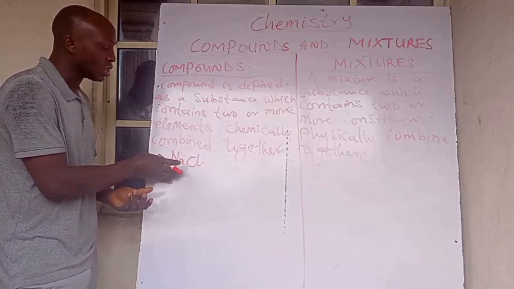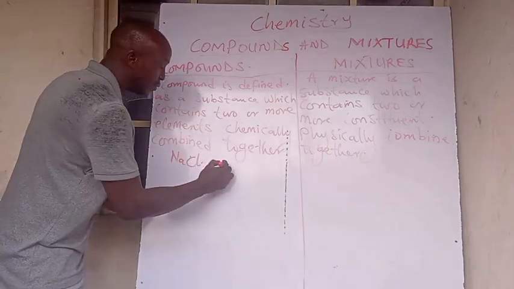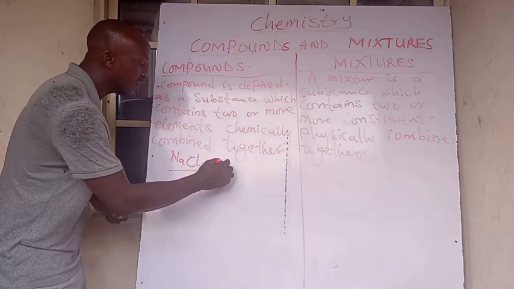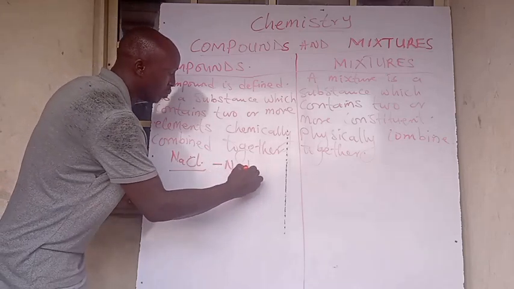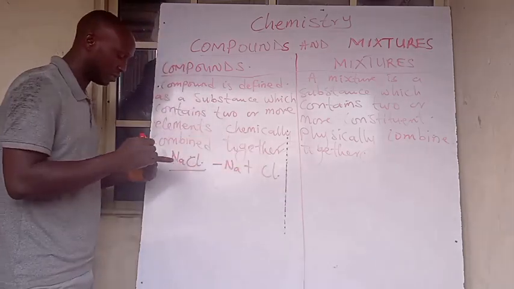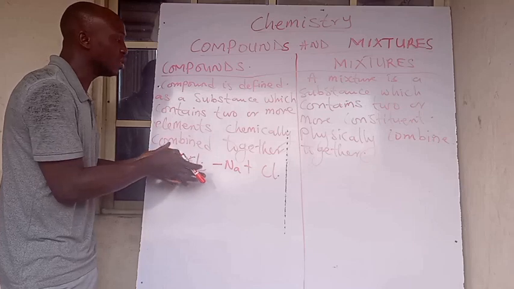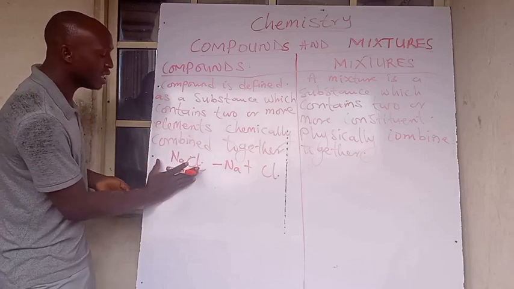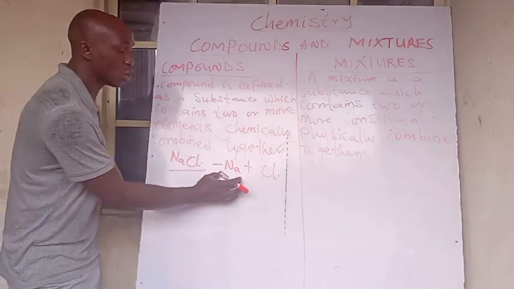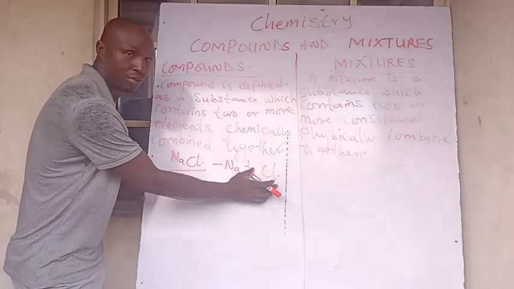Now you see that the salt that you have is different from the sodium plus the chlorine. The constituents, or the elements used in creating this compound, are sodium and chlorine.